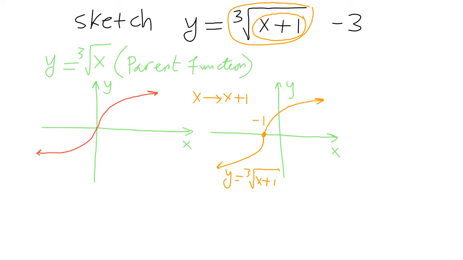So this is the final answer. This is x, this is y, minus 1. Then I have to go down 3 units. 1, 2, 3.